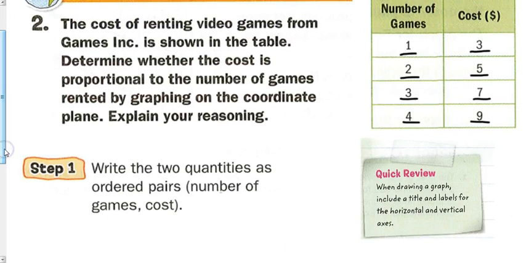All right, so first step, it says write the two quantities as ordered pairs, and they give us our x and our y. So it says the x is the number of games and the y is the cost, which makes sense. The number of games played is not dependent on the cost. The cost changes as the number of games change. So the number of games is your independent variable, or your x, and the cost is your dependent variable, or your y.